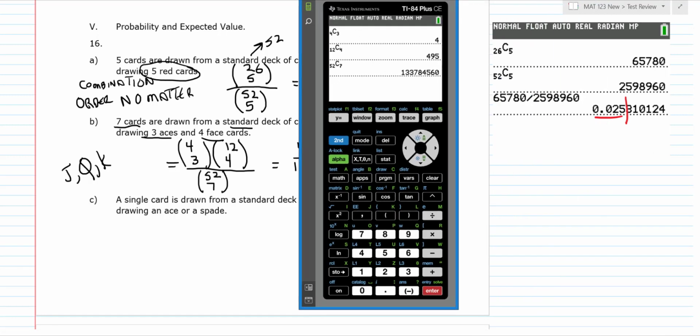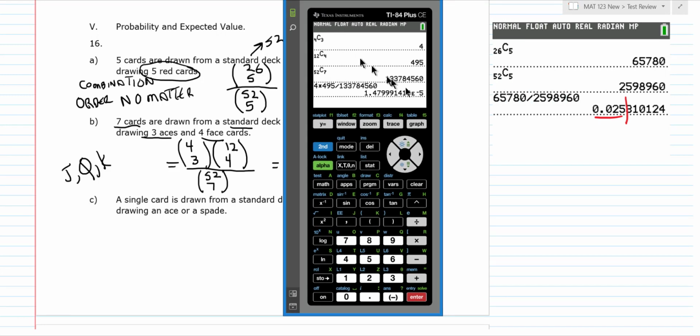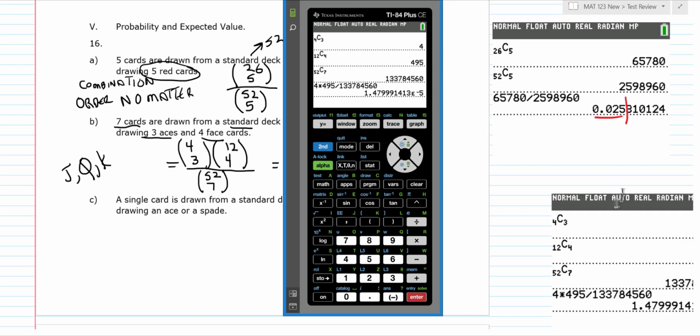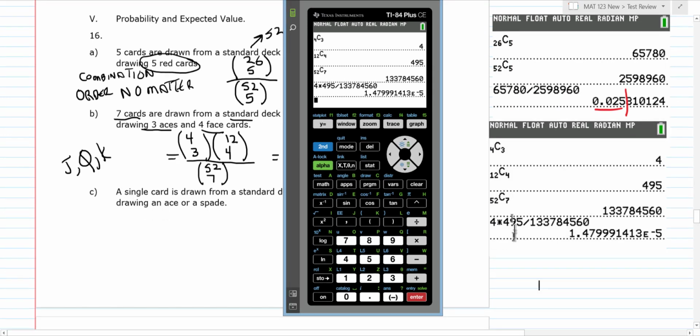Then I'm going to put this in the calculator just like this in one step: 4 times 495, and then divide by the big number 133,784,560. And that'll give the probability. You can write that in scientific notation. That's a pretty low probability.